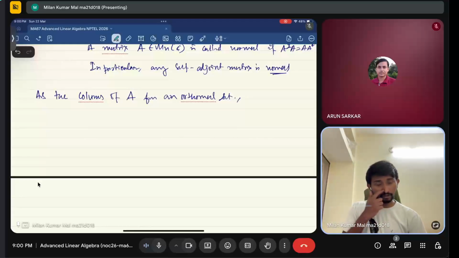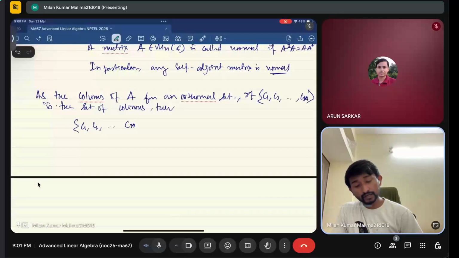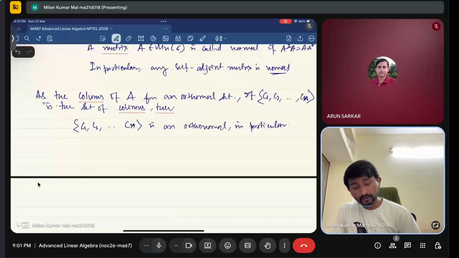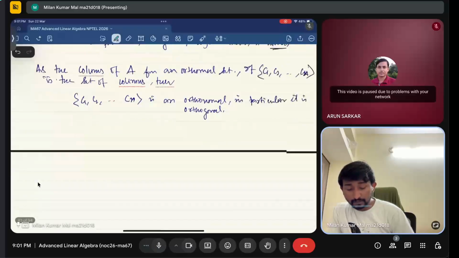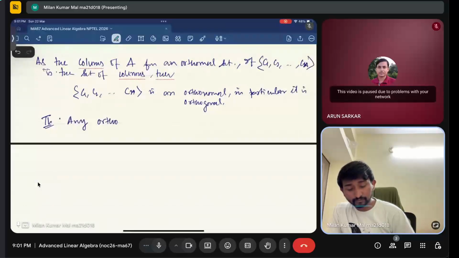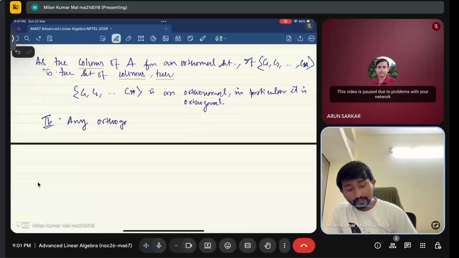In particular, it is orthogonal, and any orthogonal set is linearly independent. Those things I hope were discussed in class. It is a known result that any orthogonal set is linearly independent.